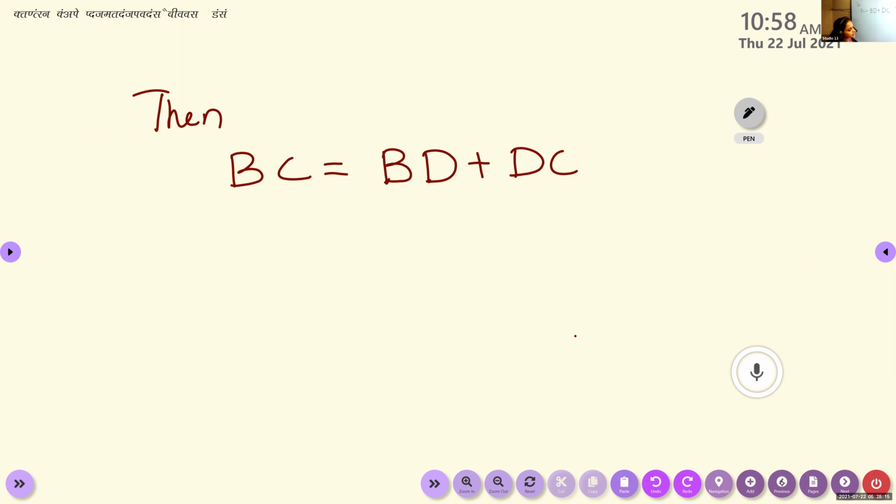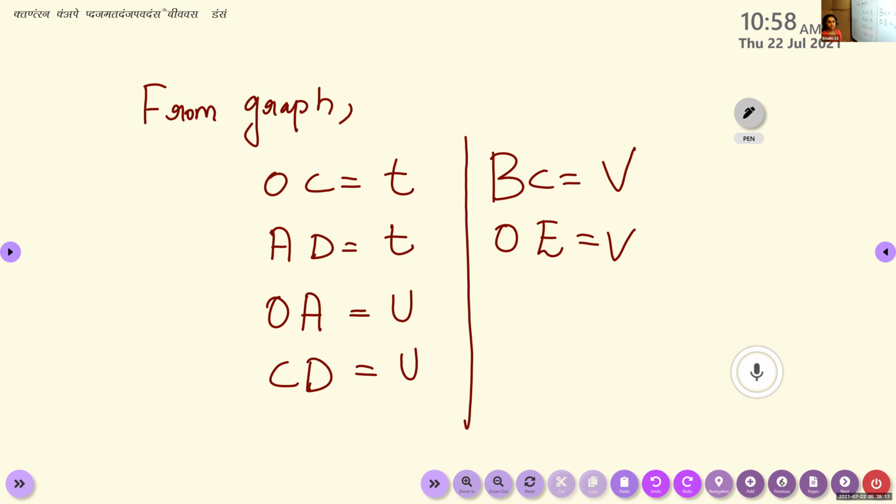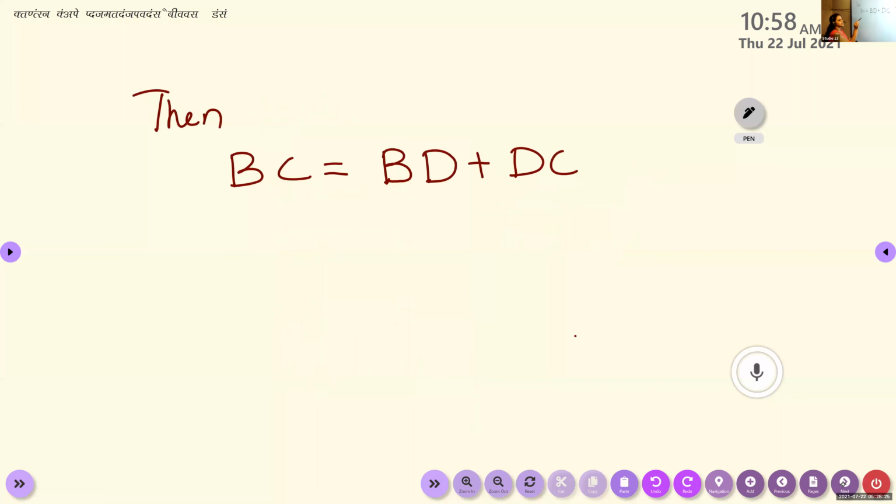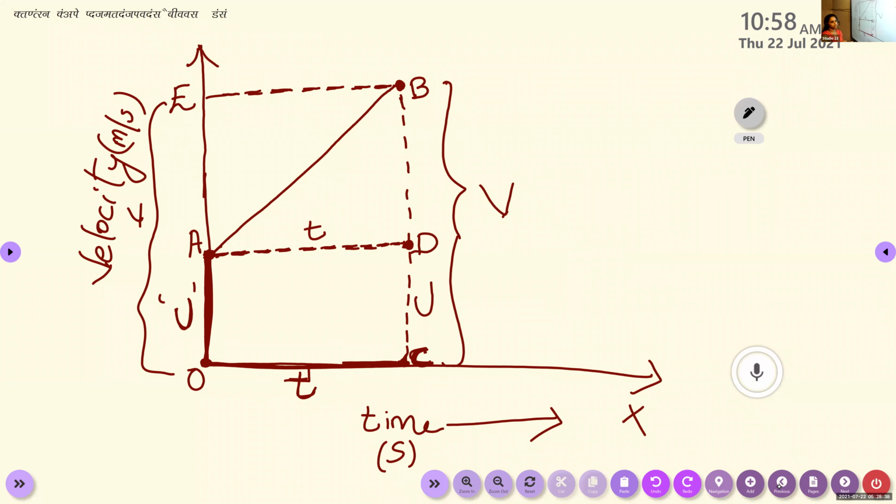Again, what is BC? Velocity. Which velocity? It is the final velocity. So substitute the value of BC in that equation. Here BC is the final velocity V, which is equal to BD plus DC.